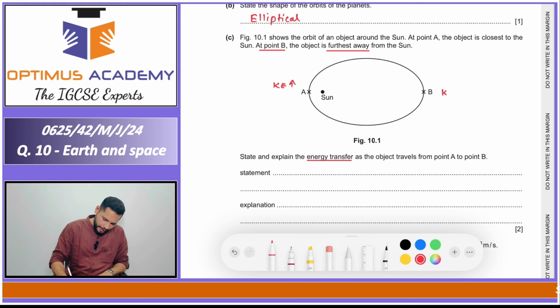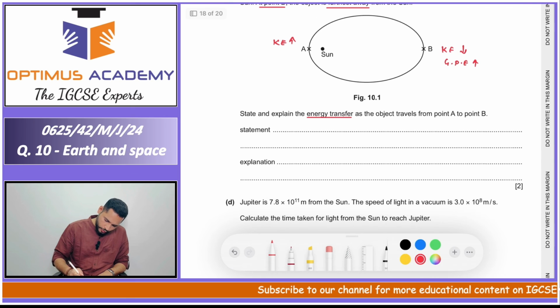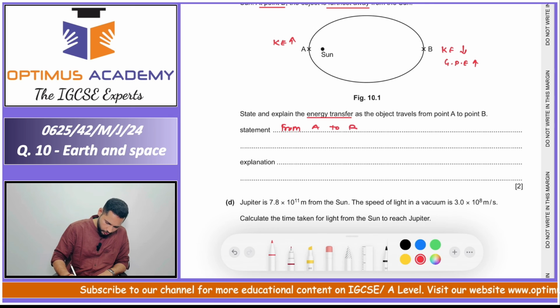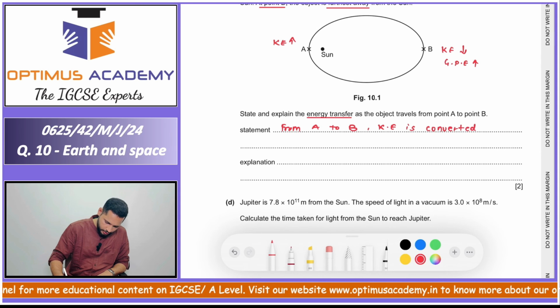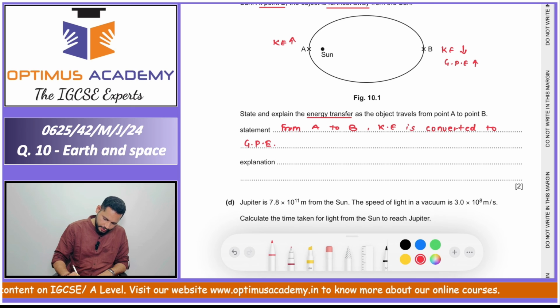So here kinetic energy is going to be lesser, but since the energy is always conserved, the gravitational potential energy of the planet is going to be greater at point B. So we can write from point A to B, kinetic energy of the planet is converted to gravitational potential energy.